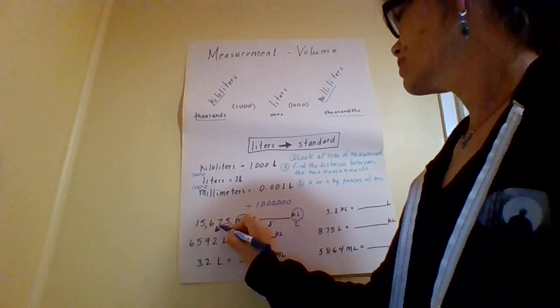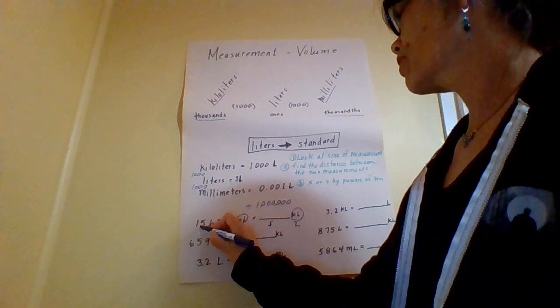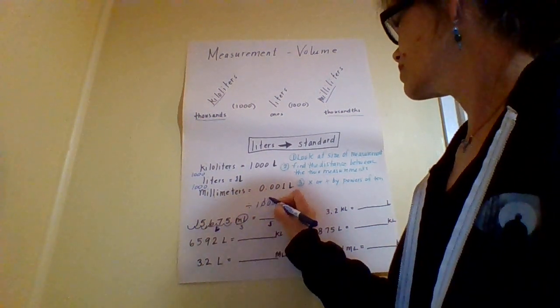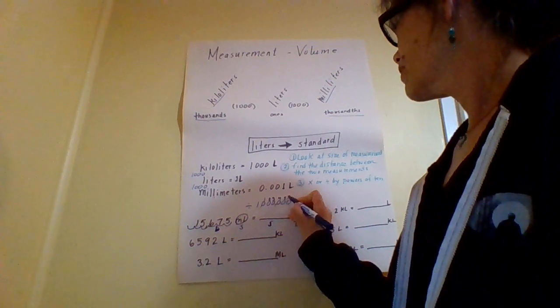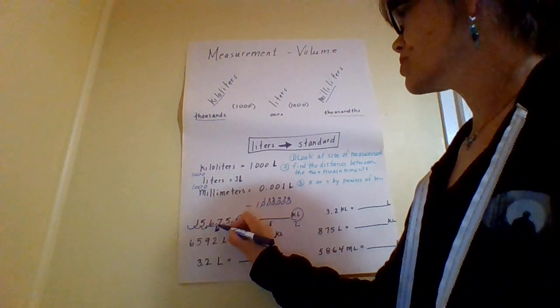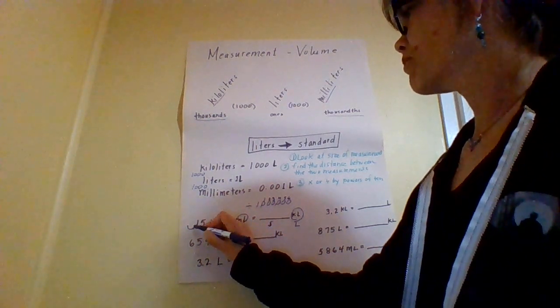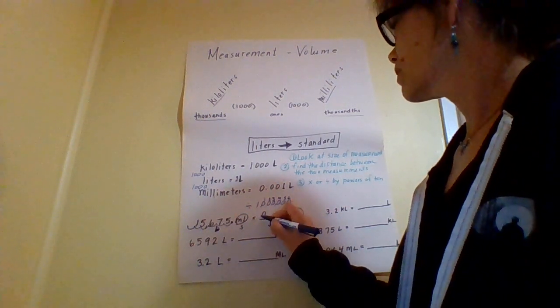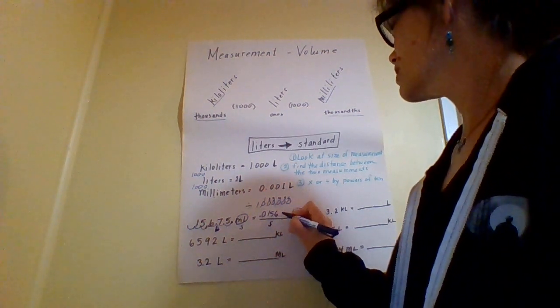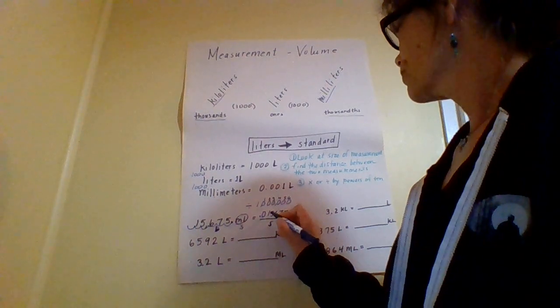And then we count 1, 2, 3, 4, 5, 6. So we know our decimal point is here. We're counting 1, 2, 3, 4, 5, 6. And we have another ridiculously tiny number.